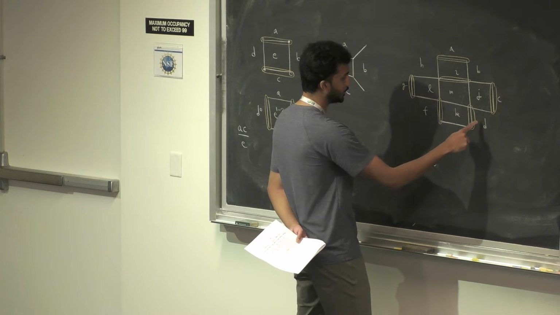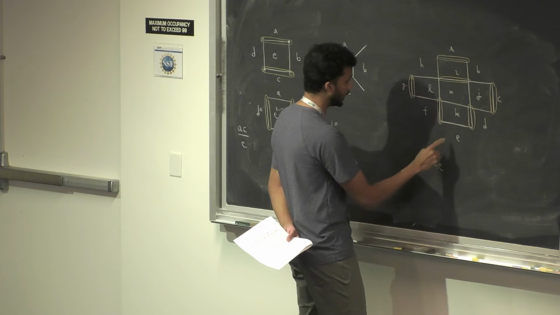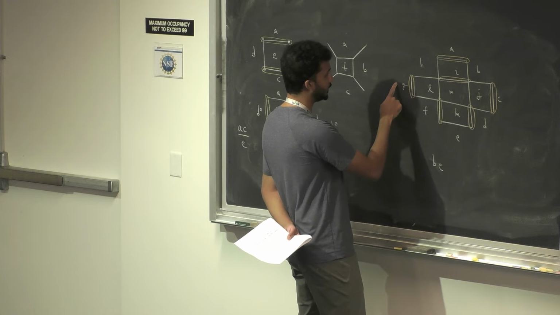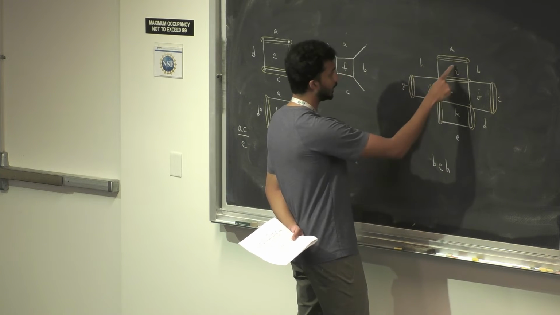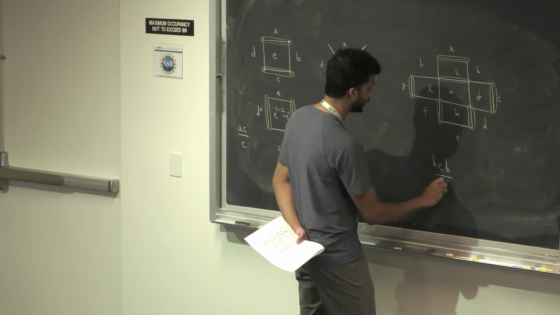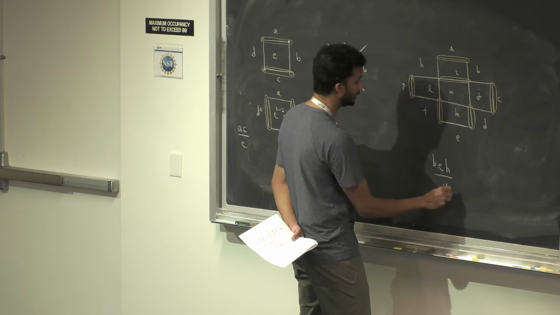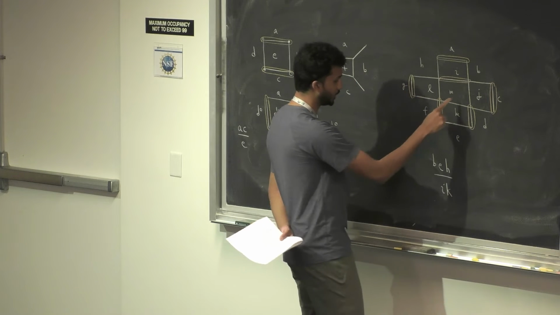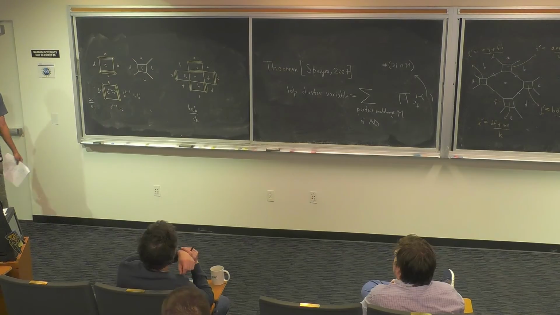D should not appear because there is one perfect matching and you get 1 minus 1. E should appear with power 1. F should not appear. G should not appear. And H should appear with power 1. I should appear in the denominator. J should not appear. K should appear in the denominator. L should not appear and M should not appear. So the monomial, if I did this right, should be this one over here.